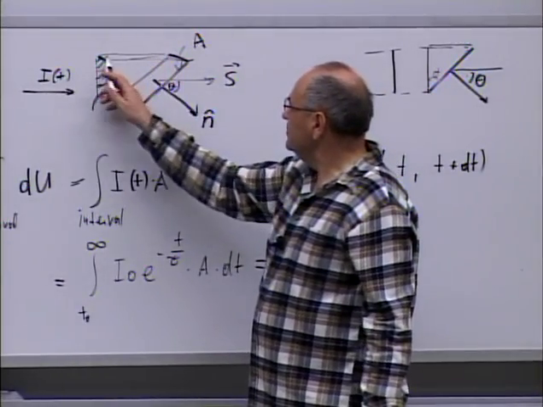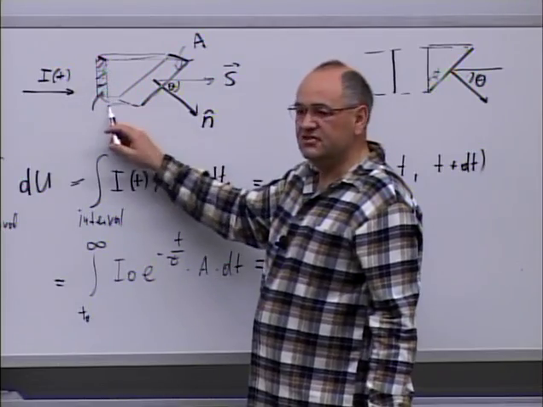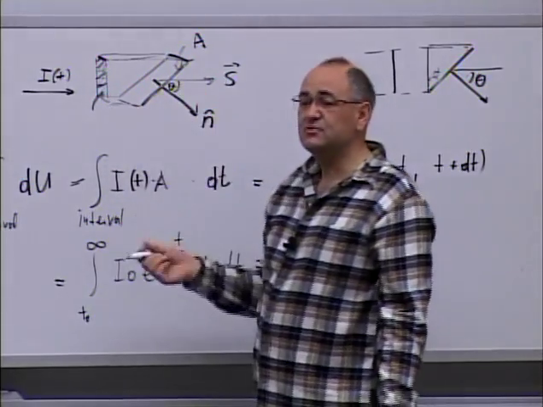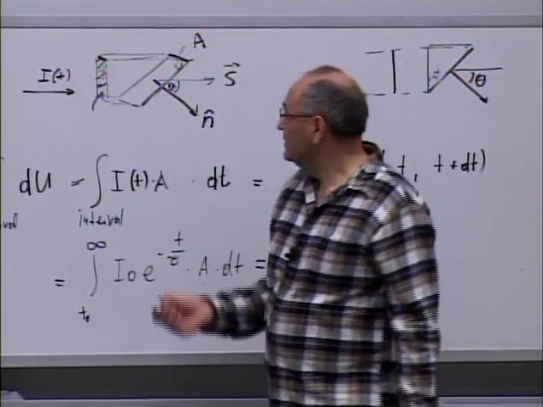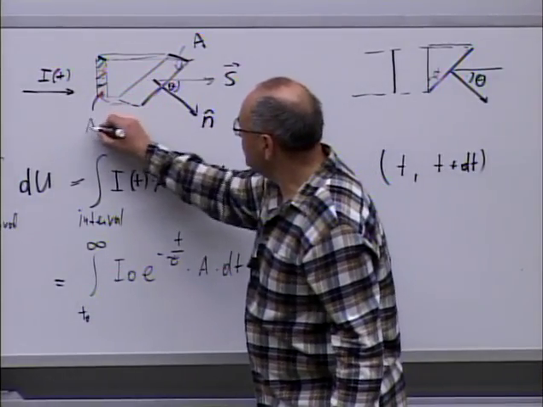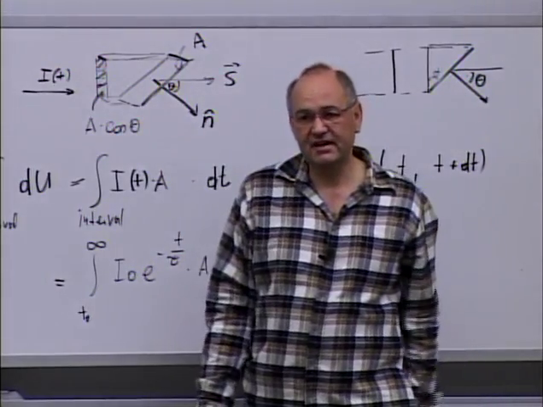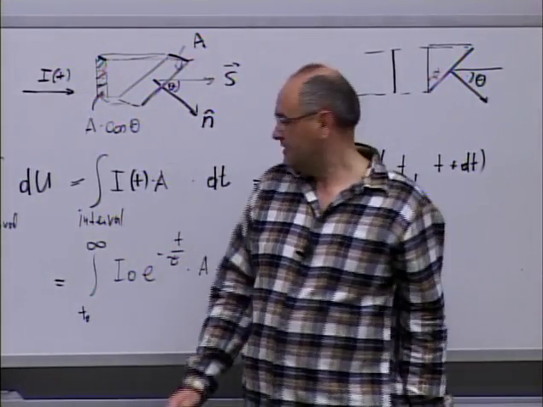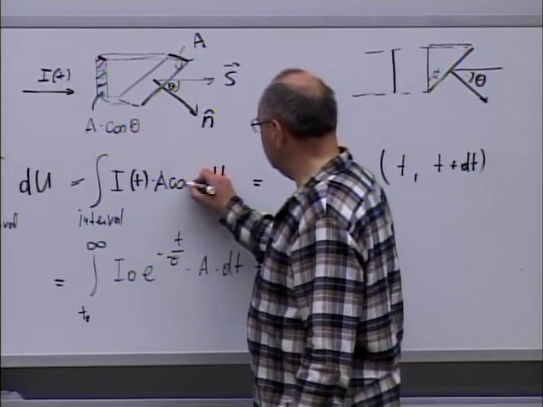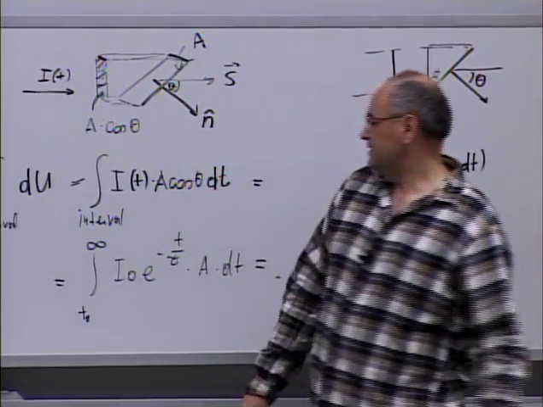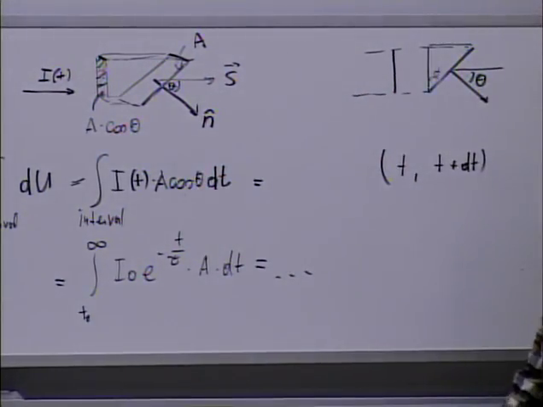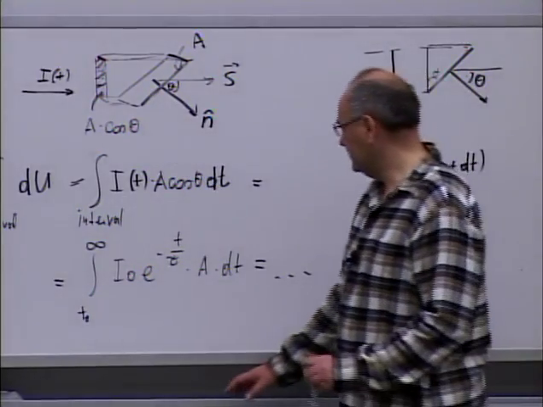These two are equal. Now this side is equal to this one times cosine theta. So that area is going to be A times cosine theta. Do you see that? So here I will have to multiply it by cosine theta.